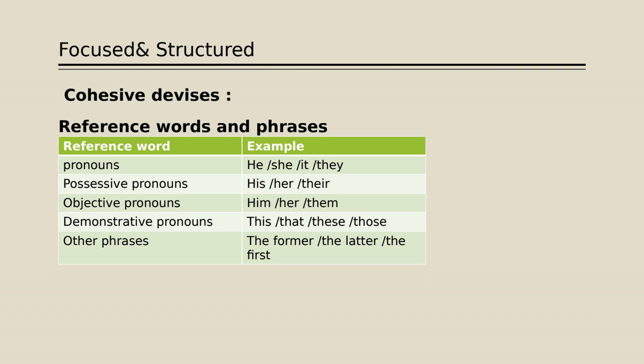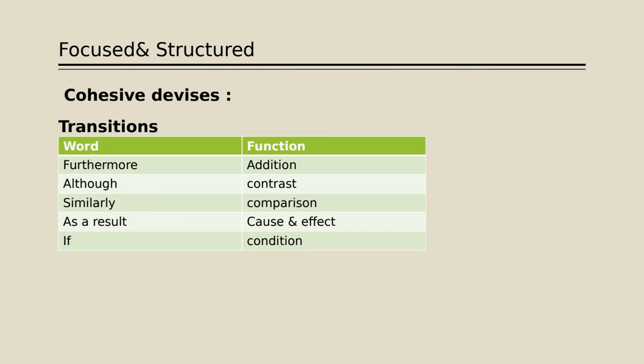Another example of cohesive devices is using transition signals and their functions. Of course, we do not forget to mention that meaning makes sense. The job of each and every transition in a sentence makes sense, and it strengthens your writing.